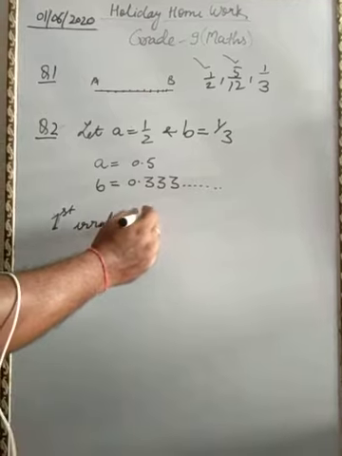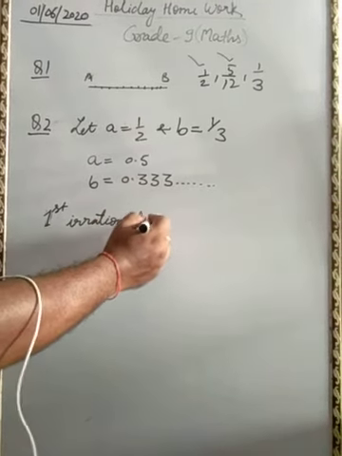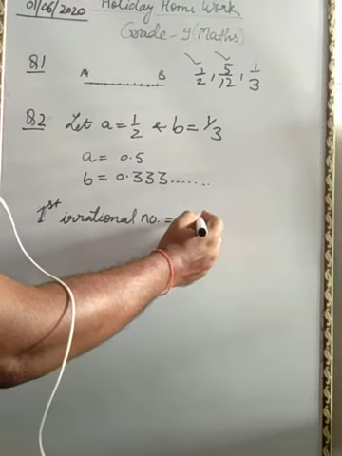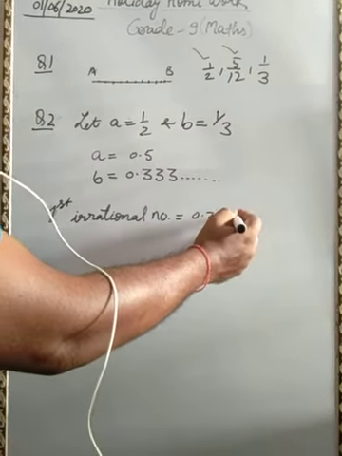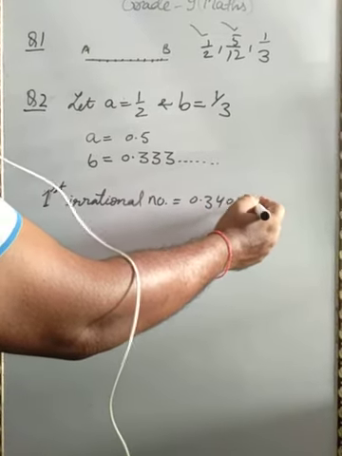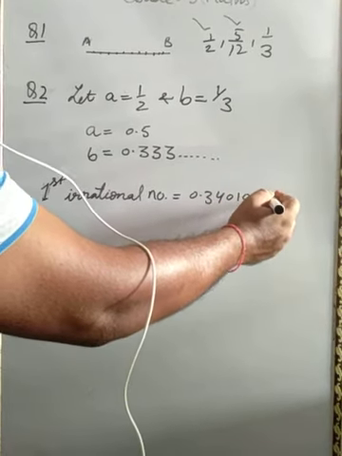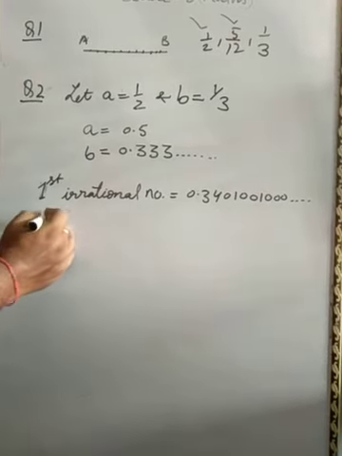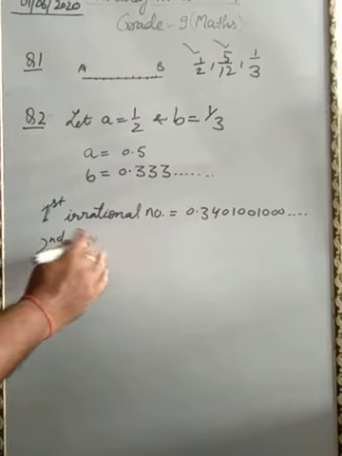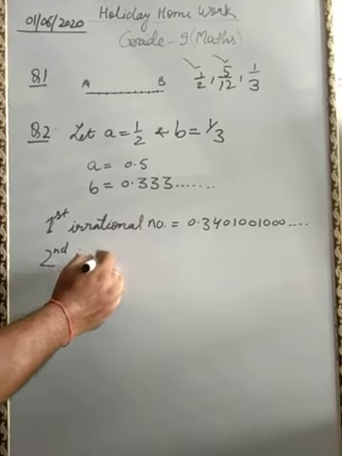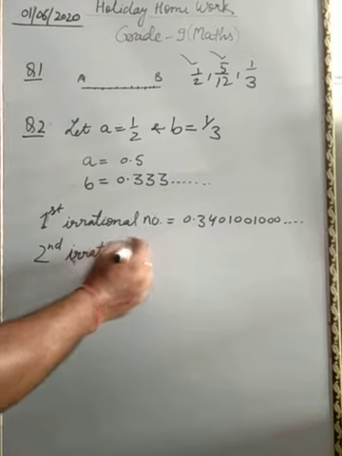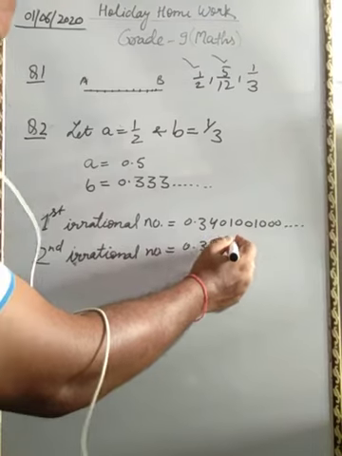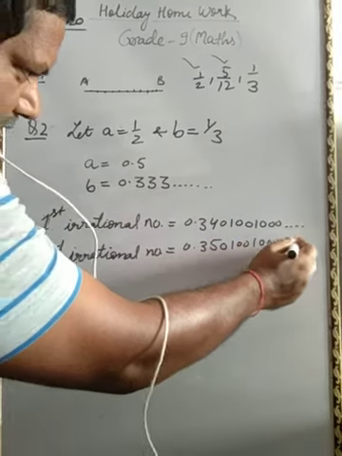Irrational number equals to, this is given in 3, so you can write 0.34010001000, okay, and the second irrational number 0.3501001000.